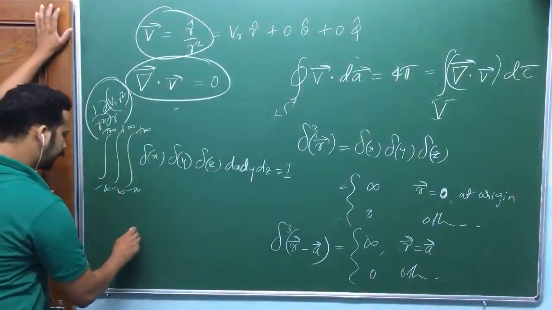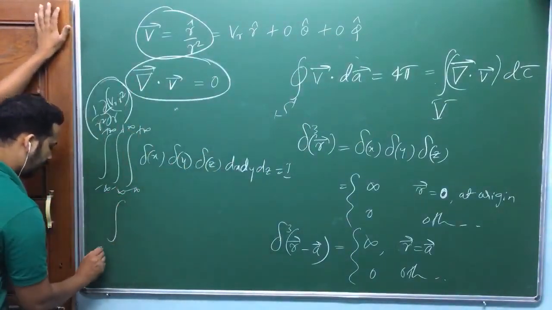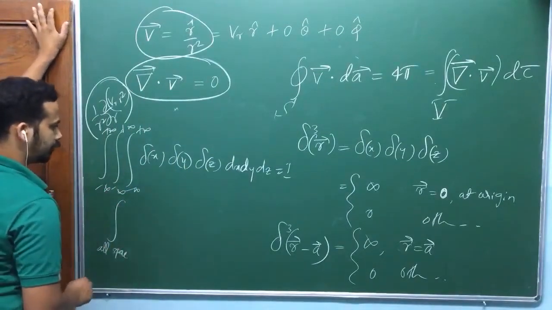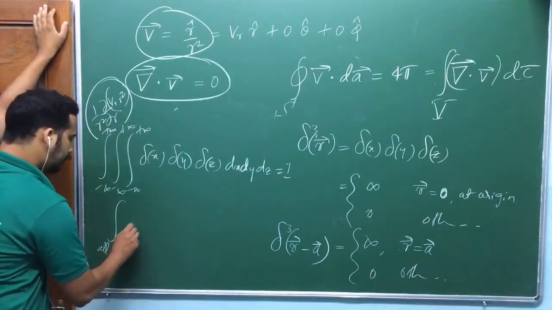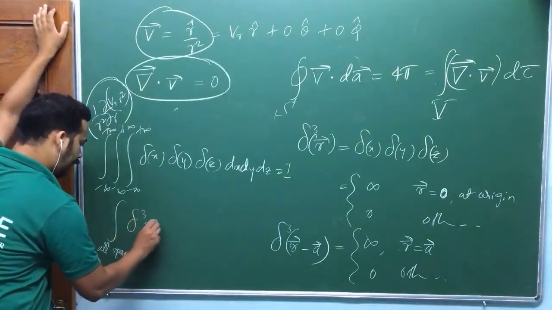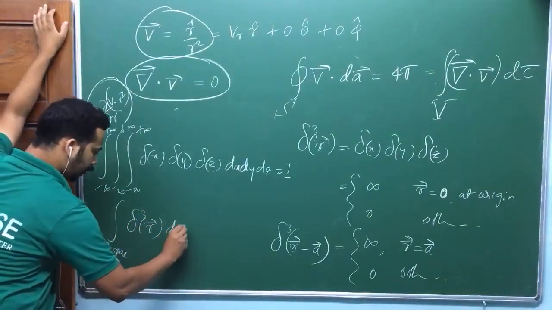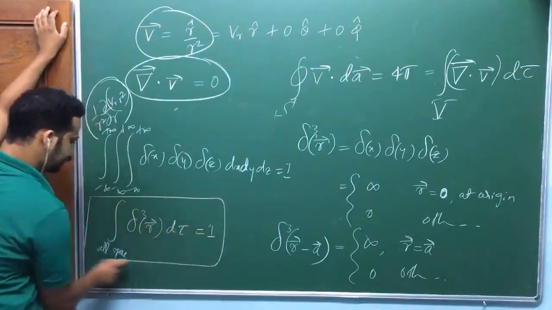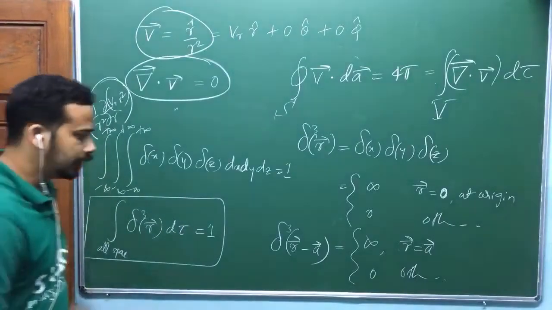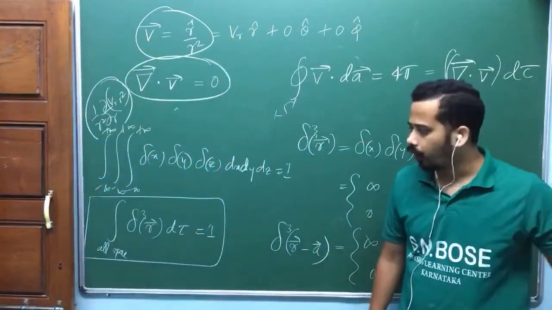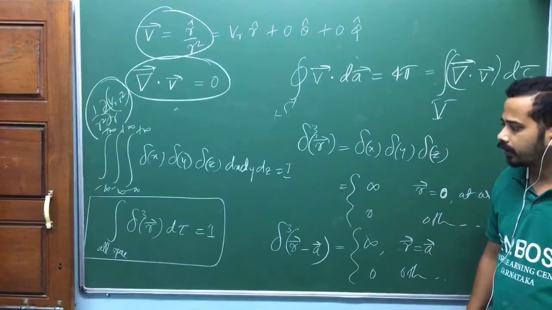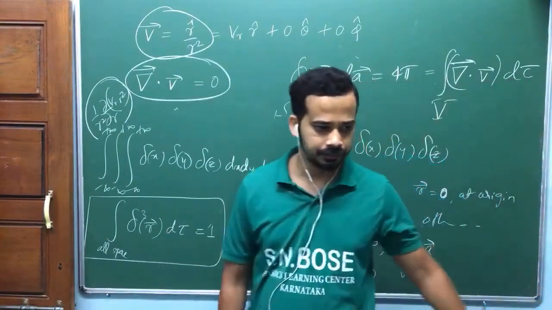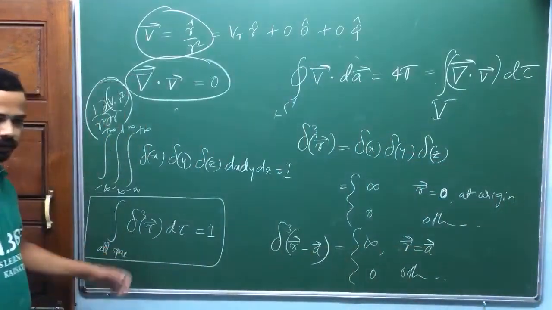But it is better to write it like this: integral over all space, I'll write only one integral symbol, a volume integral, of delta cube of r vector d tau is equal to 1. This is the best way to write this equation. It's a kind of volume integral under the Dirac delta. So the volume integral of the three-dimensional Dirac delta is equal to 1. Don't say area under the curve. It's not area, is it?